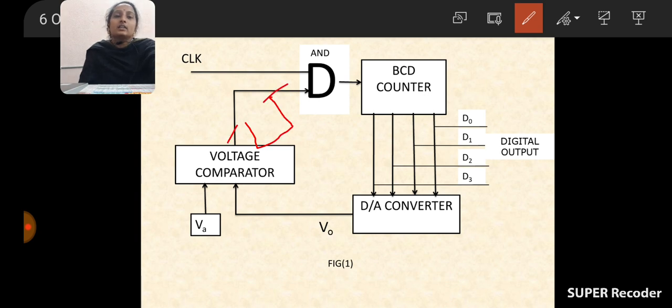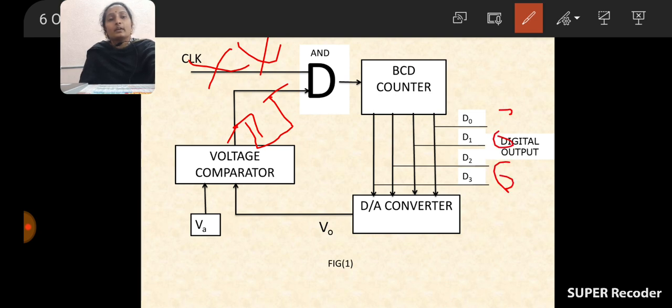If the AND gate receives the low level pulse, it simply acts like an open circuit and will not allow the clock pulses. That means the counter stops counting.